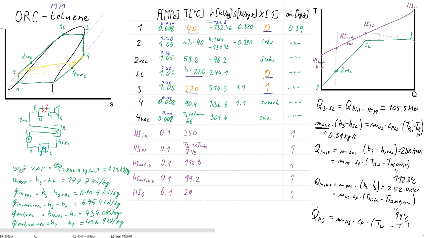Now for the work of the pump. The density of the liquid is about 746.65 kilograms per cubic meter. So the work of the pump would result as 1.73 kilojoules per kilogram.